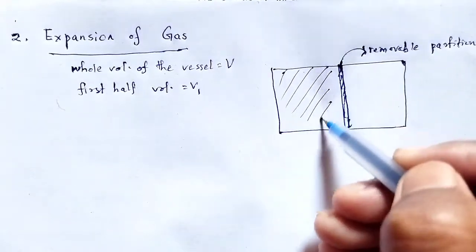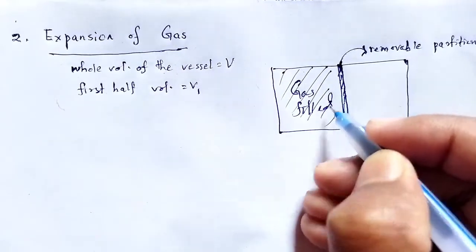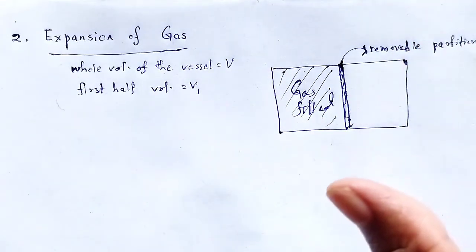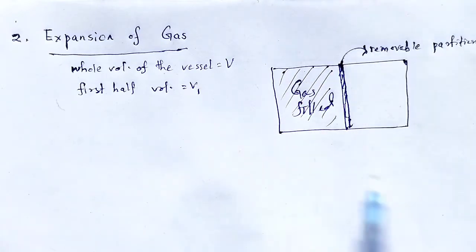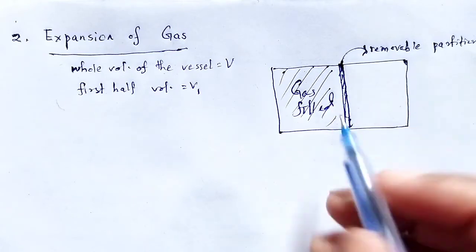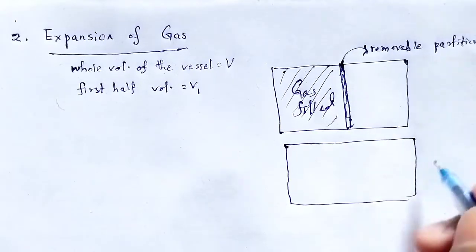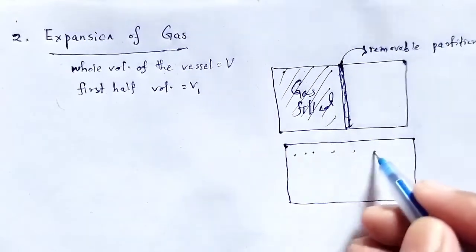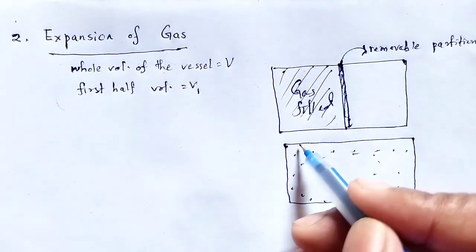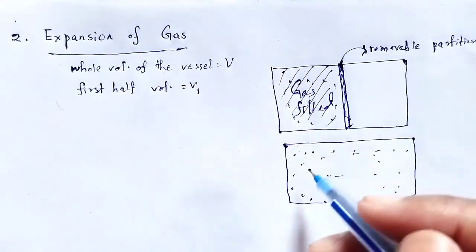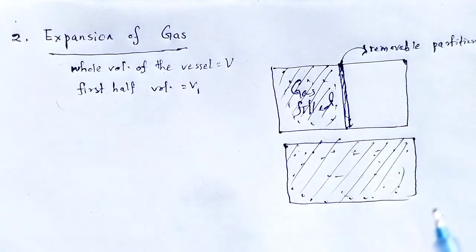The second one is empty, that portion will be empty as shown in the figure. Now remove the partition. When we remove that partition, what happens? The entire gas fills the entire box.